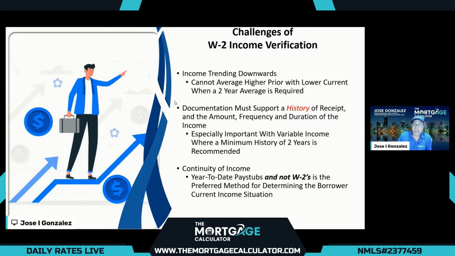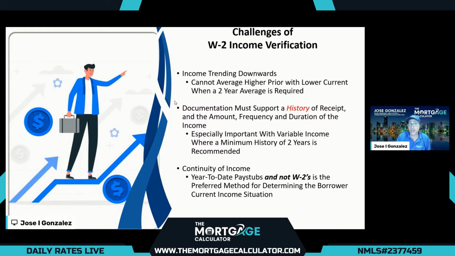But it especially poses an issue when you have a variable income component that makes up a good amount of their income for the year, like overtime. I've seen some borrowers, and this is, let's say, especially so with nurses, right? Nurses tend to have the most complicated pay stub of our W-2 borrowers. There's all different types of entries in the pay stubs, and then all different types of overtime, where a lot of times the overtime income of a nurse year to date is greater than their base income, right?